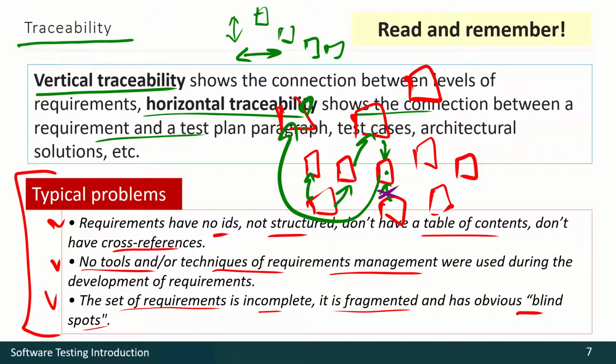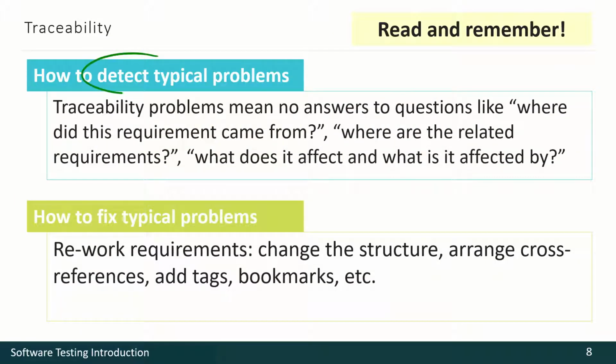But if such links are broken or do not exist, or maybe some links lead here but should lead there, it is hard. We have to spend a lot of time. Each time we need to find something. Each time we need to change something. Each time we are working with requirements.